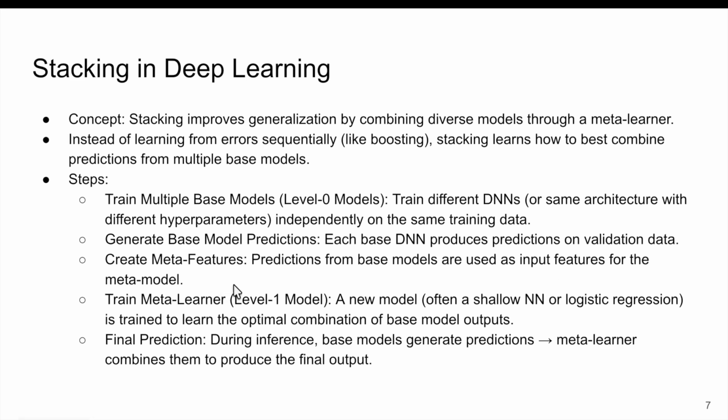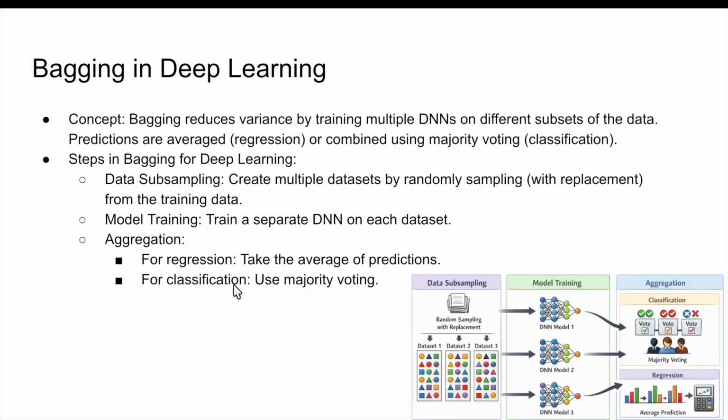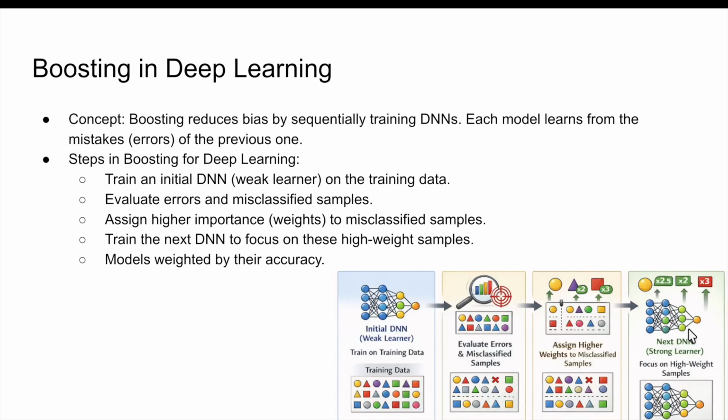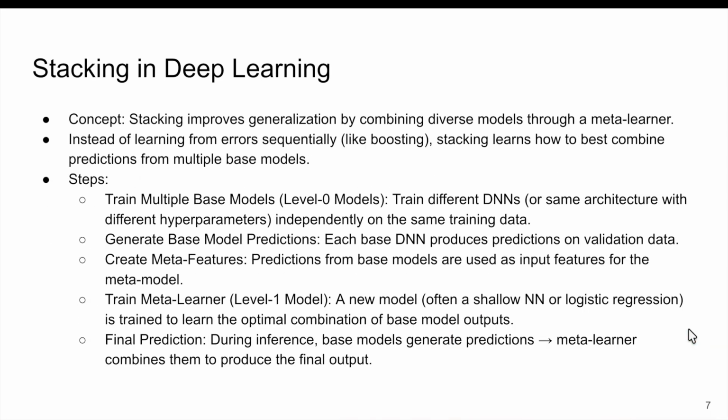Over here, this part is the same, but after this, instead of using a majority vote or average, we introduce a new DNN model, which takes these outputs as inputs and then gives an output by itself. So that is stacking.